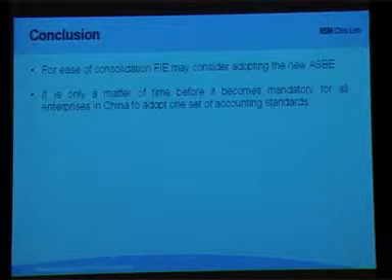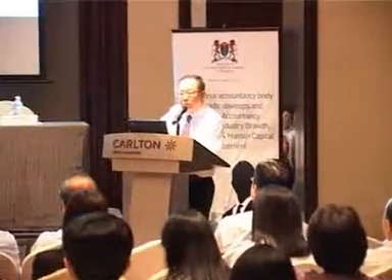Quite often, I think most LISCOs arrange for the audit of their China subsidiary to have the auditors publish two sets of financial statements. One is using FRS, one is using China GAAP. China GAAP is for submission to the local tax authority, whilst the SFRS compliance is for our consolidation purposes.